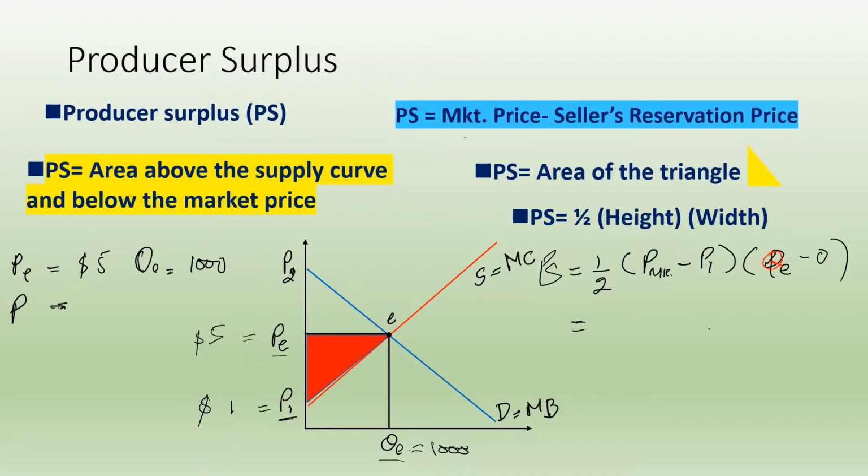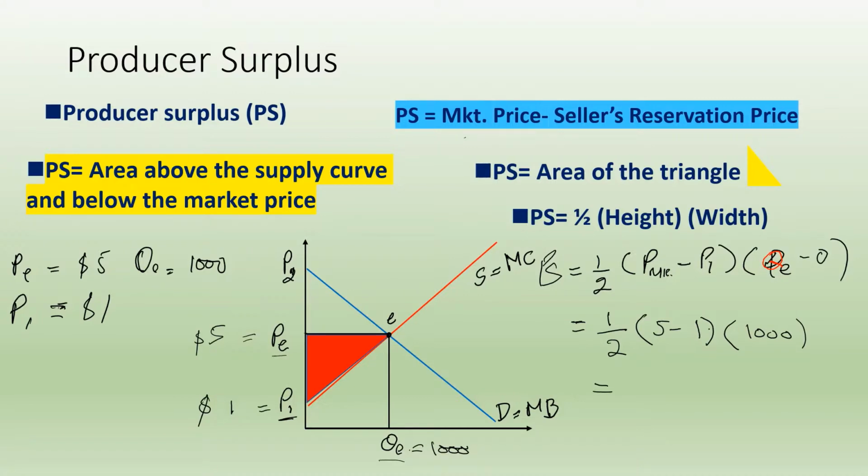So it is equal to P1 equals $1. By just substituting these values in order to calculate the area, you will see that it is equal to 5 minus P1, which is $1, and then QE is equal to 1000 kilograms.